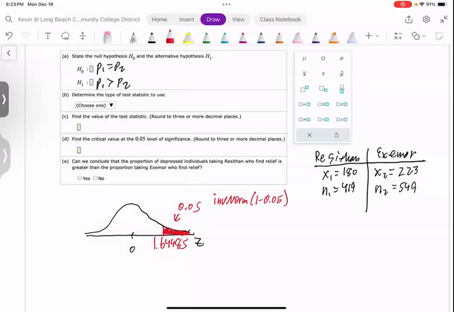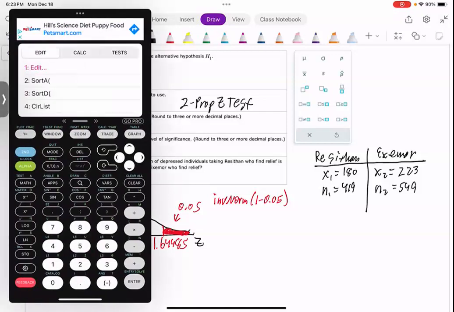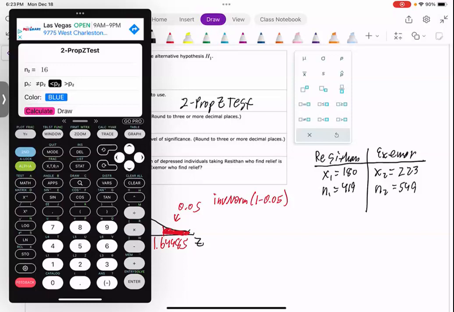All right, let us run this. This is going to be a 2 proportion z-test.